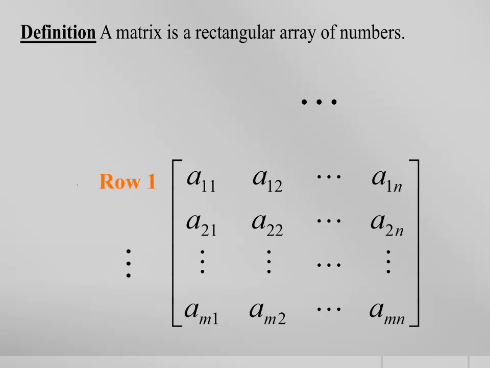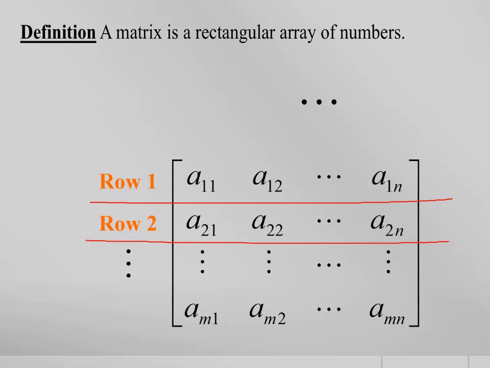We have row 1, this one is row 2, this one is row 3, row 4, and the last one is row n. So we have n rows for this matrix.